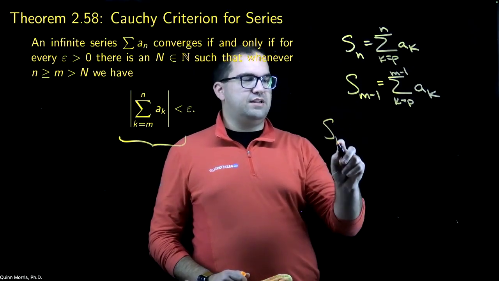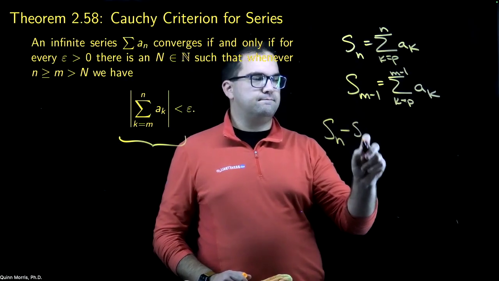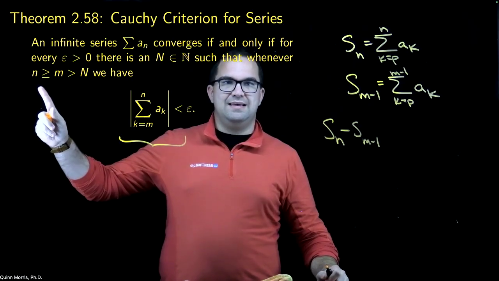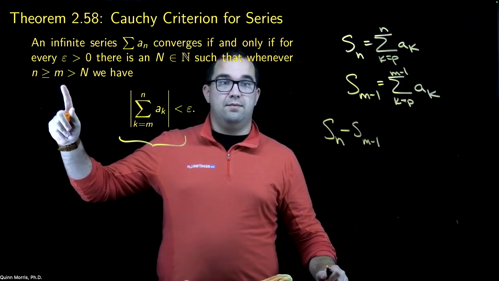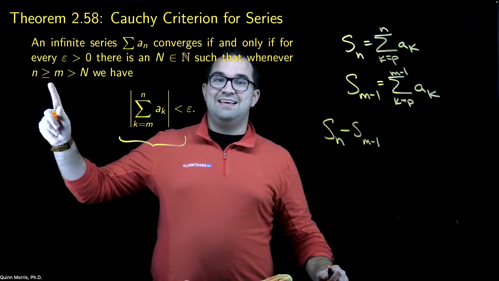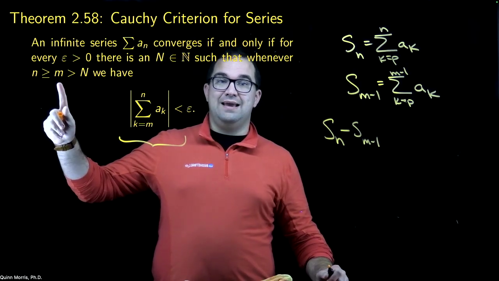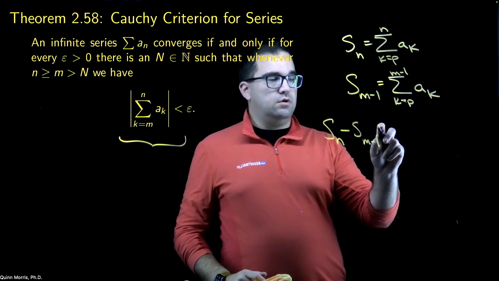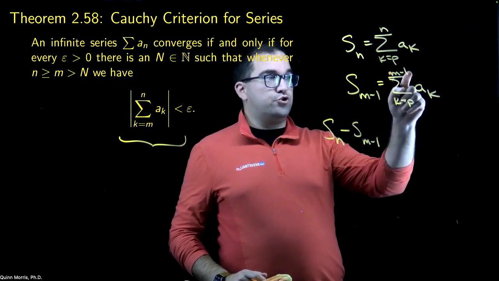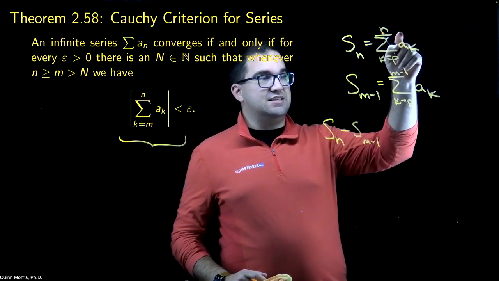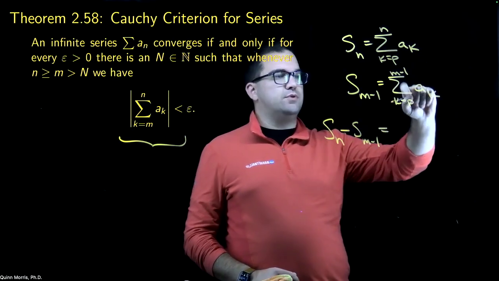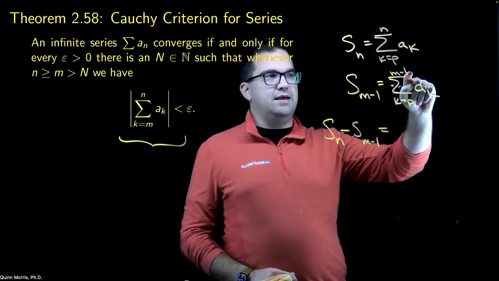And now if I took their difference, remember that the assumption is that n is greater than or equal to m, which means n is strictly greater than m minus 1. So there are fewer terms in this series than in this series. This one starts at p and goes up to m minus 1.